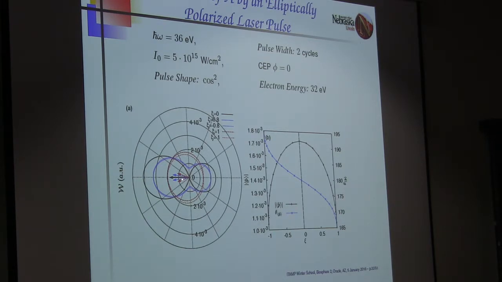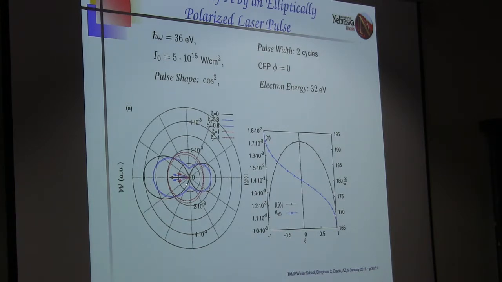And the weighted momentum direction for right circularly polarized light is here, and for left circularly polarized light, it's here. For an elliptically polarized light, right and left, you get these weighted momentum distributions.